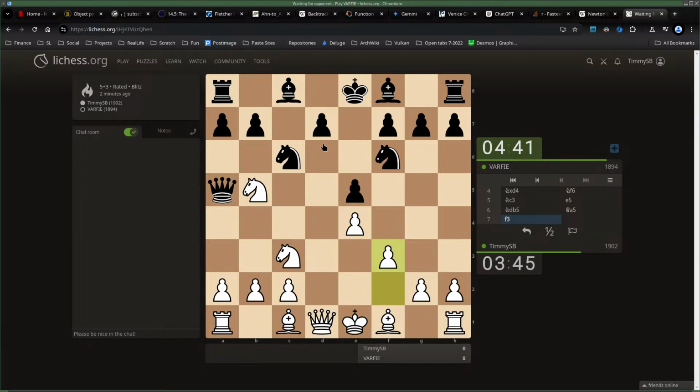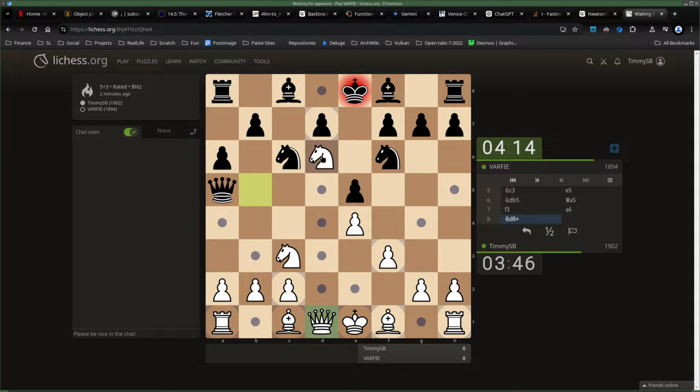Now I'm threatened to give check. And yeah, obvious development here is bishop here and this bishop there. I think you should just leave the queen there until I can win a tempo on it. Yeah, I wanted to go there anyway, so I don't really get this.